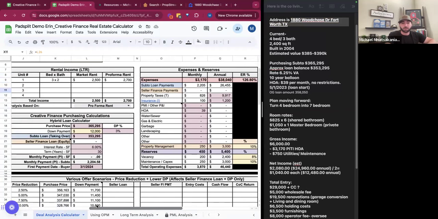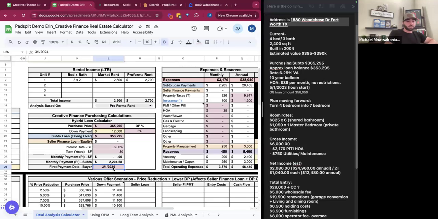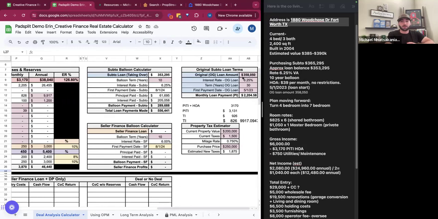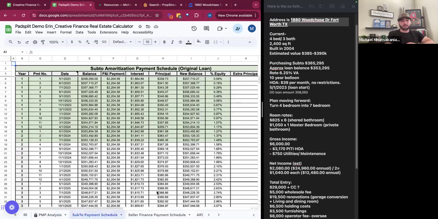If your first payment, let's say it's the start of next month, so 8/1/2024. Although your loan balloon is 10 years from 8/1/2024, so 8/1/2034, the loan already started at some place already in May 1st, 2023, right? So the loan has its amortization or payment schedule already.